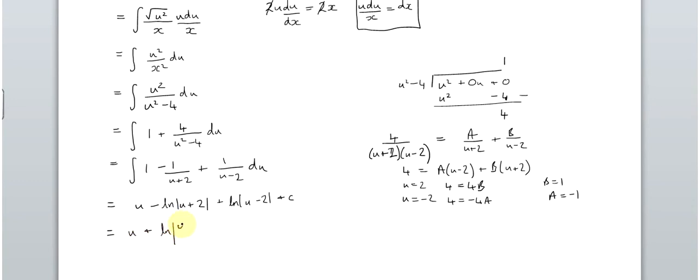And to finish off, we can write that as a single natural logarithm. We've got u minus 2 over u plus 2. I'm pretty sure I've messed up a sign there somewhere. No, maybe that's okay, we'll see.